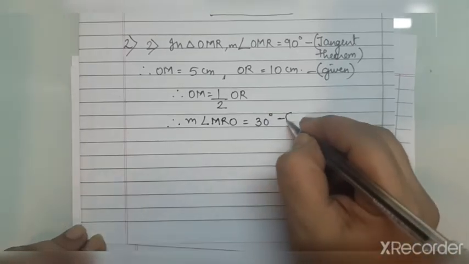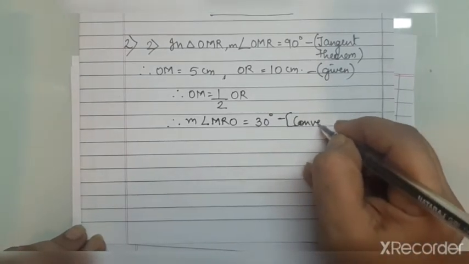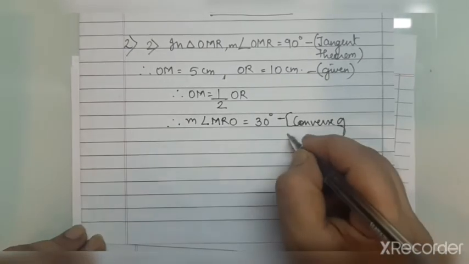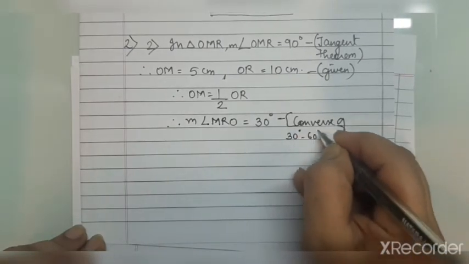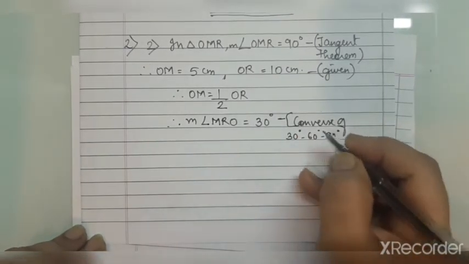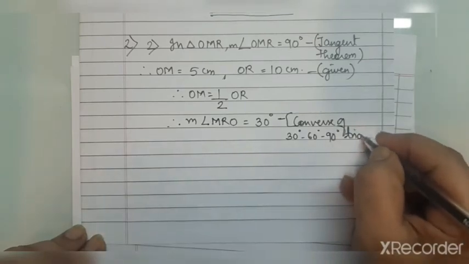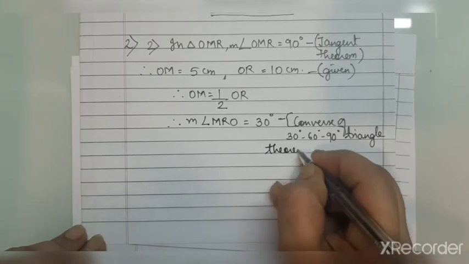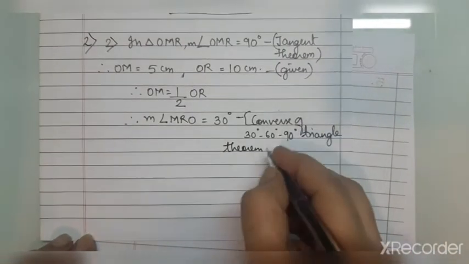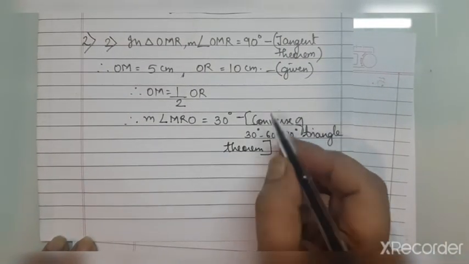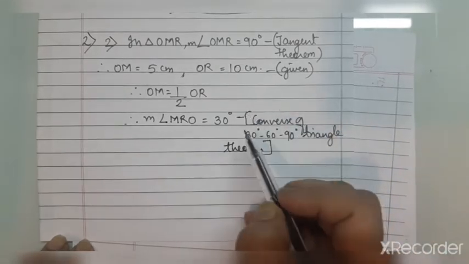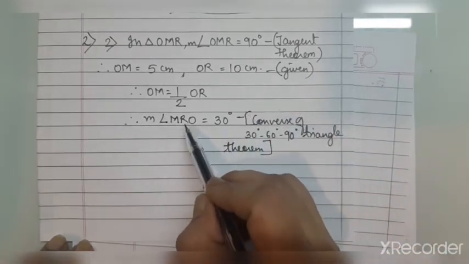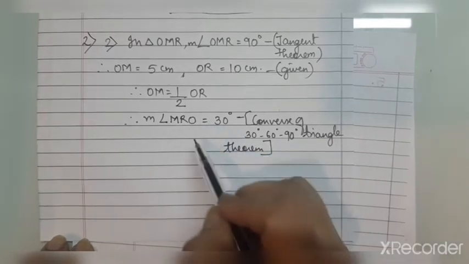Okay, the reason you will write is converse of 30 degree, 60 degree, 90 degree triangle theorem. So by the converse we can prove that measure angle MRO is 30 degree.